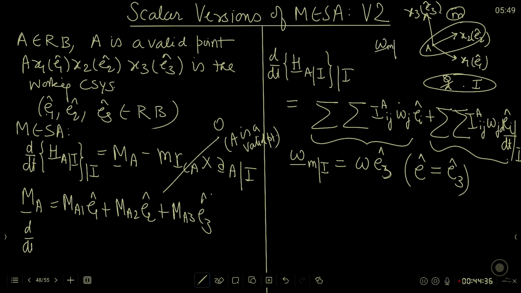If that is the case, then many terms will vanish in these two. So right now I have 9 terms here and 9 terms here, but many will vanish because omega mi is just omega E3, which means omega 1 is 0, omega 2 is 0, and omega 3 is simply omega.